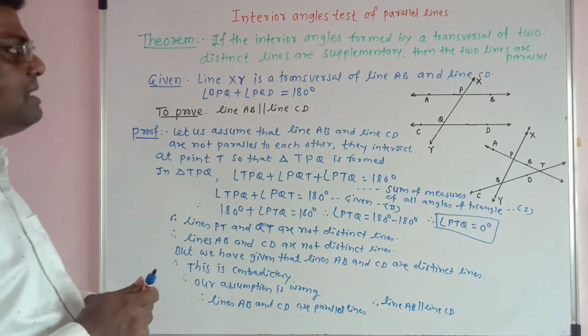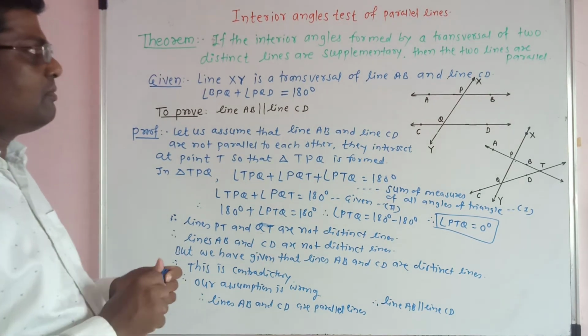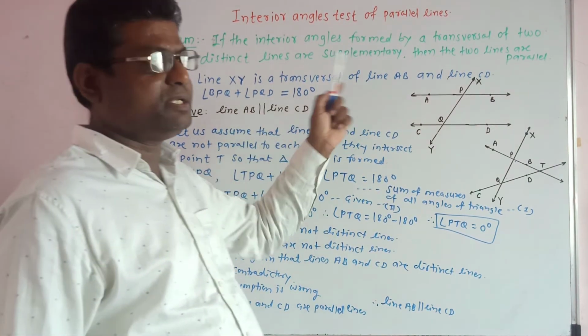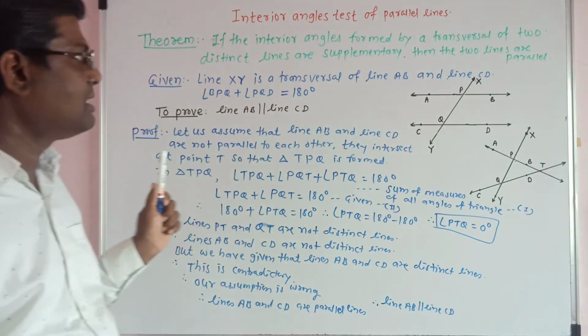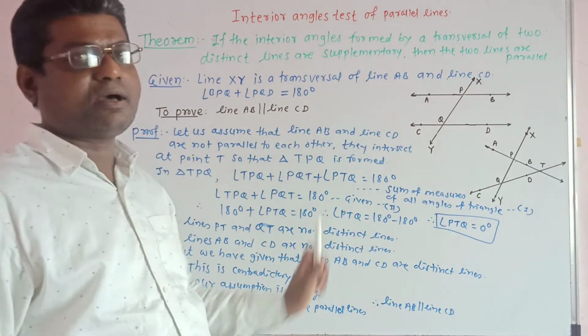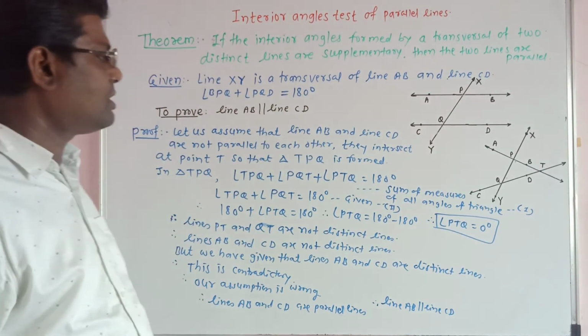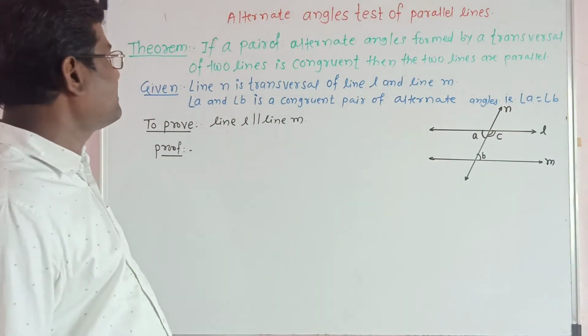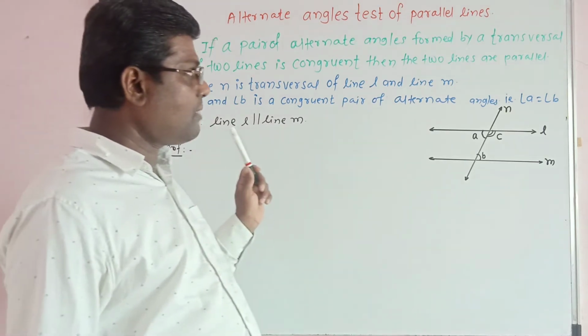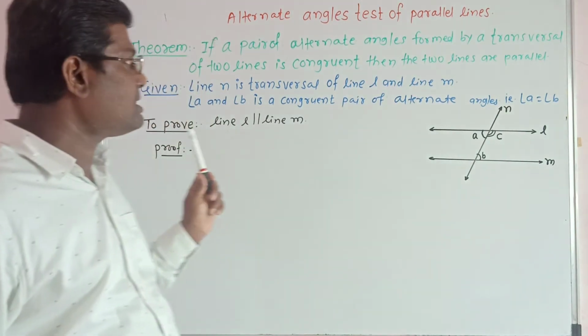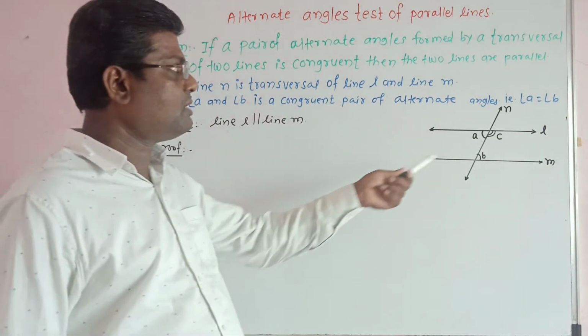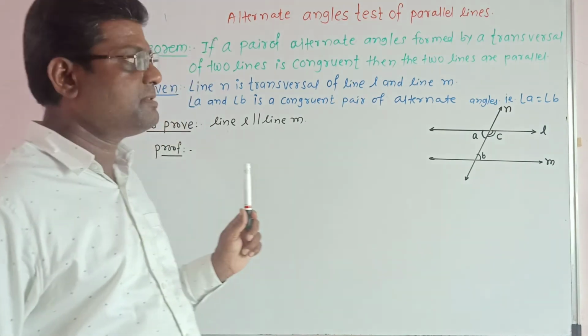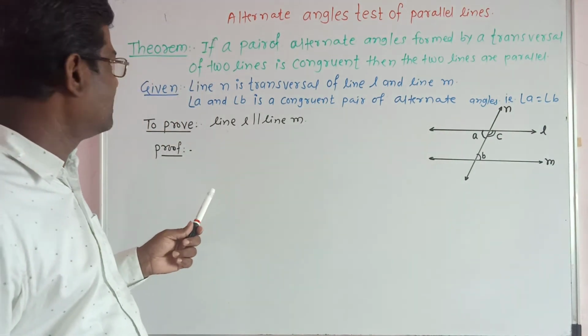Thus, if the interior angles formed by a transversal of two distinct lines are supplementary, then the two lines are parallel to each other. Alternate angles test of parallel lines. If a pair of alternate angles formed by a transversal of two lines is congruent, then the two lines are parallel to each other.